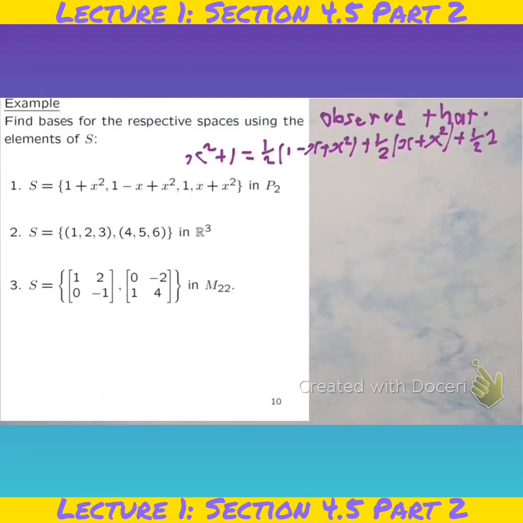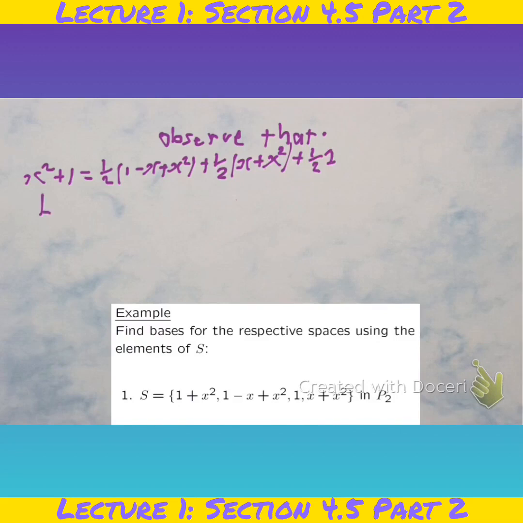Right, so observe that we can take x squared plus 1 and write it as a linear combination of all the other remaining vectors in S. So what I'm going to do is remove x squared plus 1 from S. I'm going to create a new set, S prime, and I'm going to basically take the set 1 minus x plus x squared, 1, and x plus x squared, and that's going to be my new set.